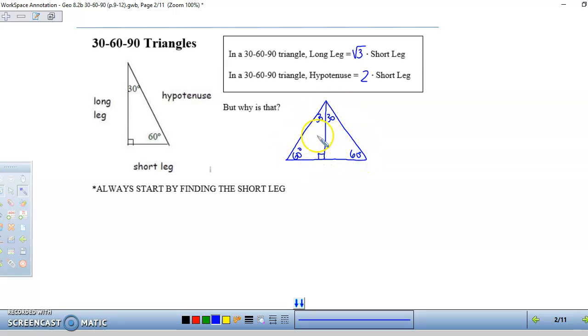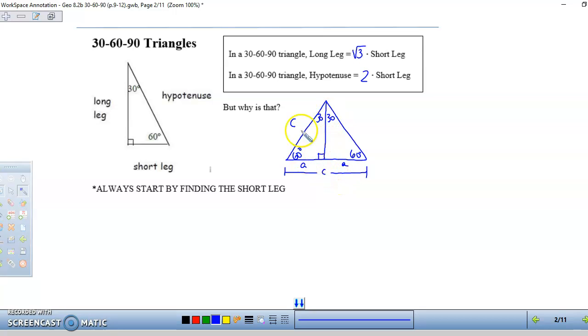Notice that you end up with two 30, 60, 90s. So basically what happens here is the hypotenuse is C, while in an equilateral triangle, this is also going to be C, and this is your short leg, and I'll just put an A here and an A here. But anyway, the short leg is half of the hypotenuse.